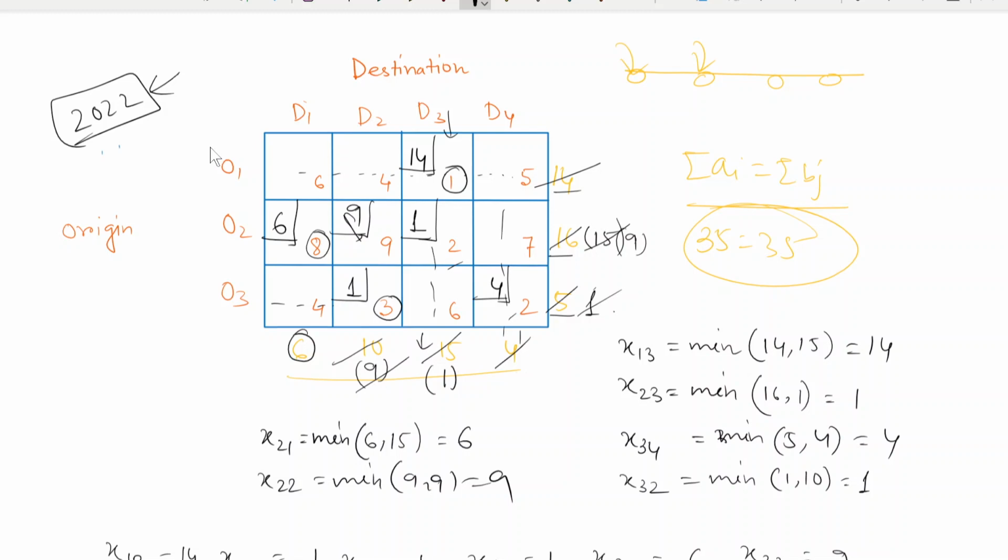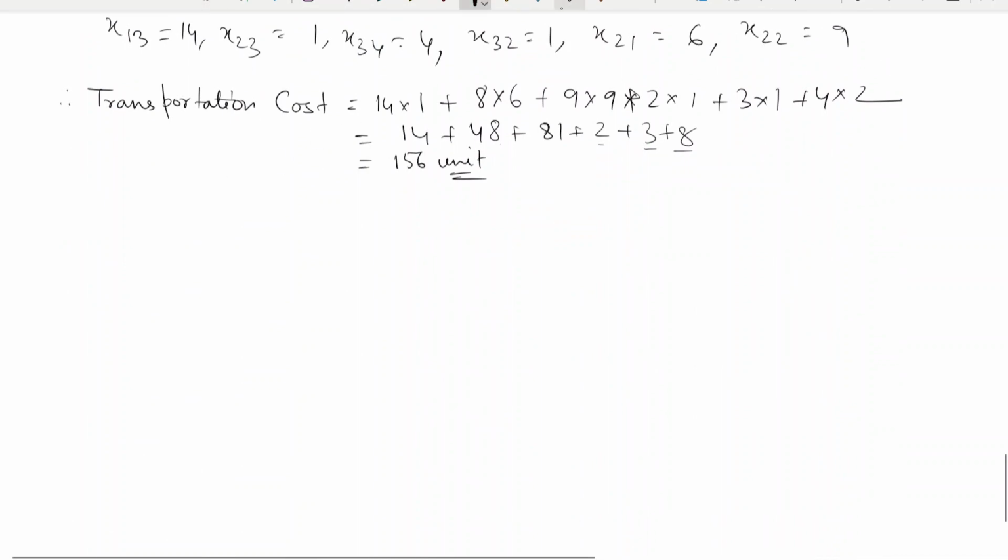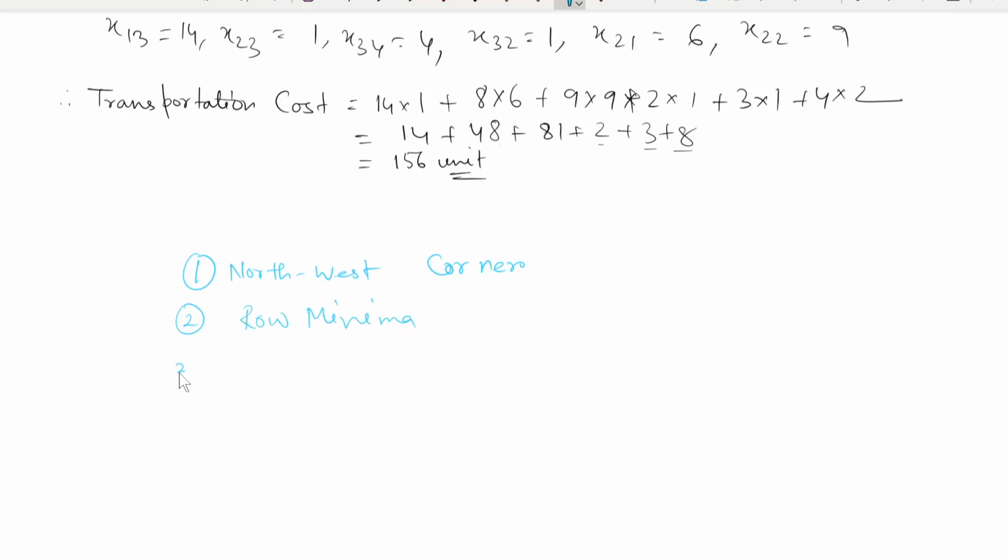So of these 4 methods we already discussed, one is the northwest corner method, second is the row minima method, third is the column minima method, and fourth is the matrix minima method.